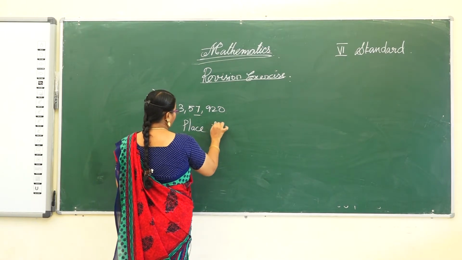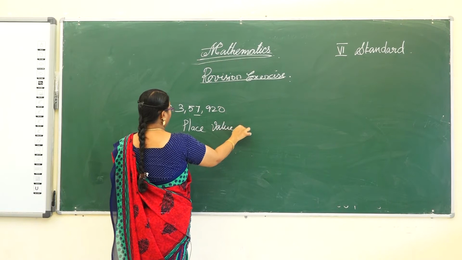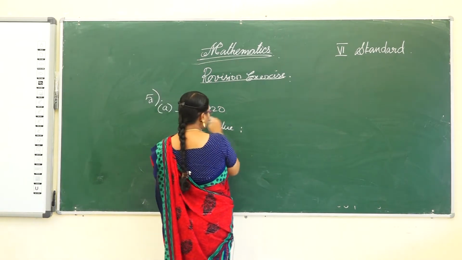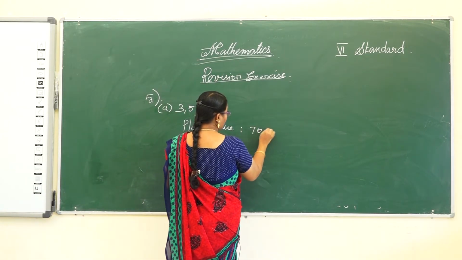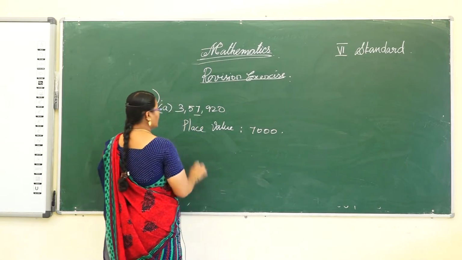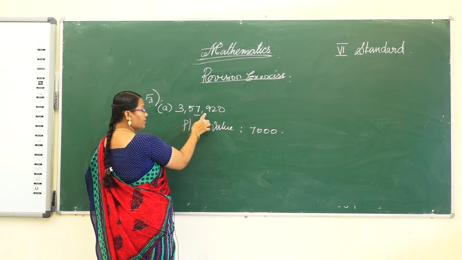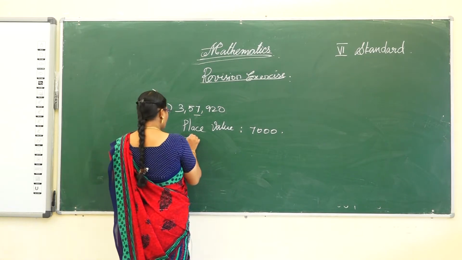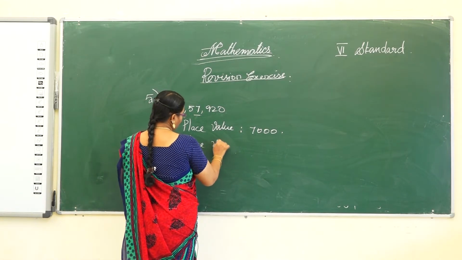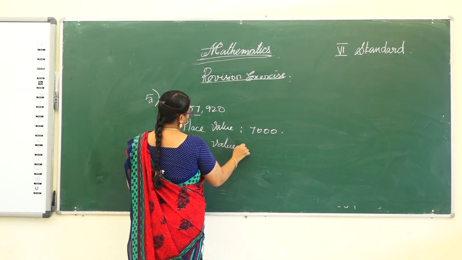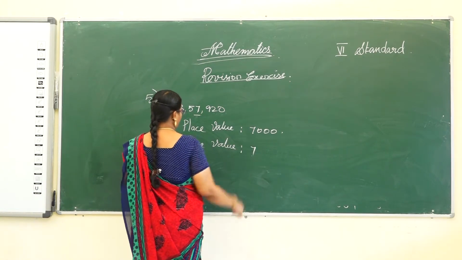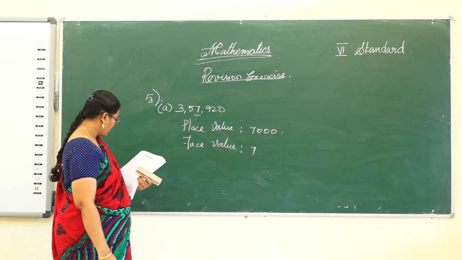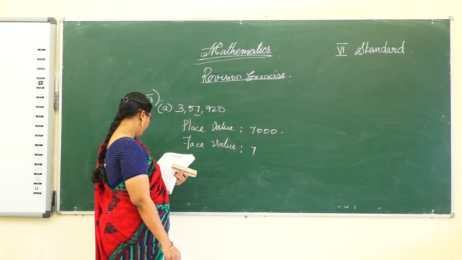Place value of 7 is 7,000. Ones, tens, hundreds, thousands. So 7,000. And next, face value. Face value is 7. So the remaining problem is homework.